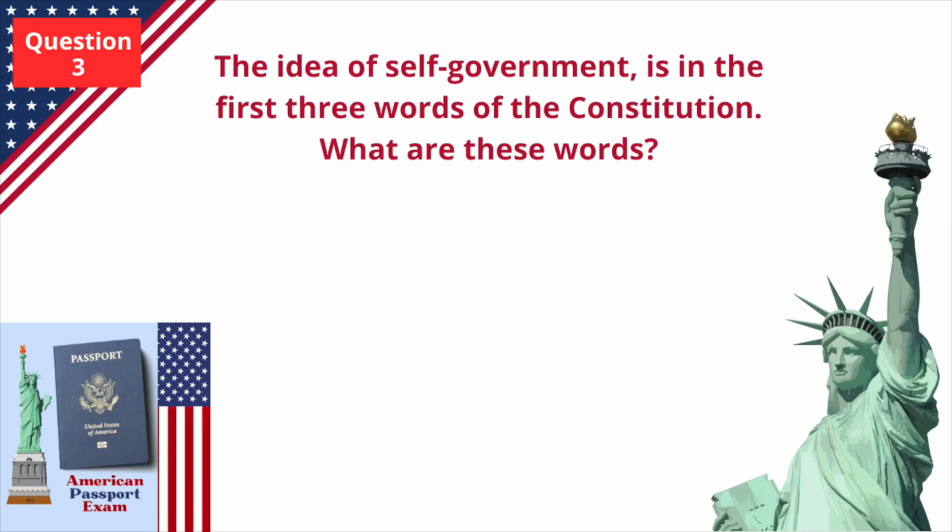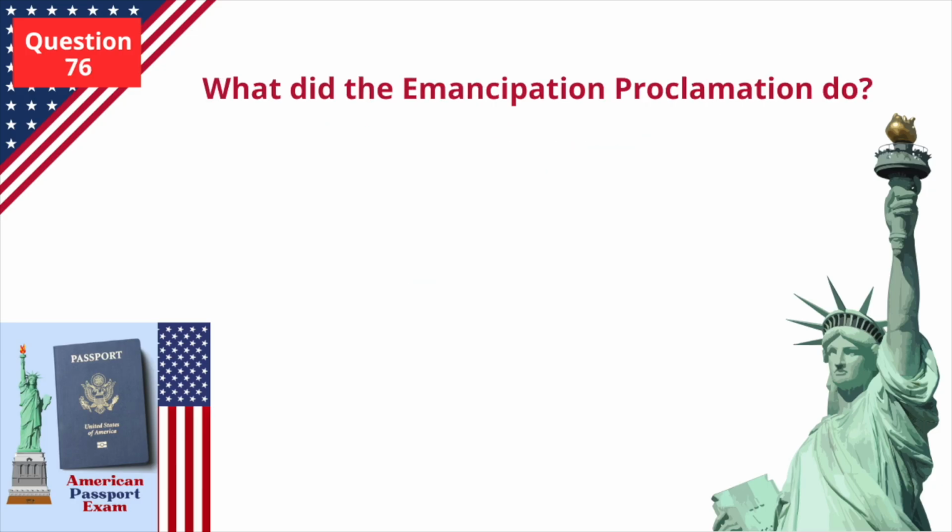The idea of self-government is in the first 3 words of the Constitution. What are these words? We the people. What did the Emancipation Proclamation do?